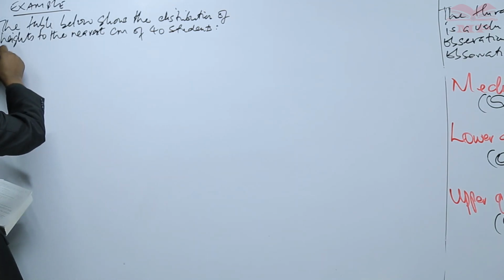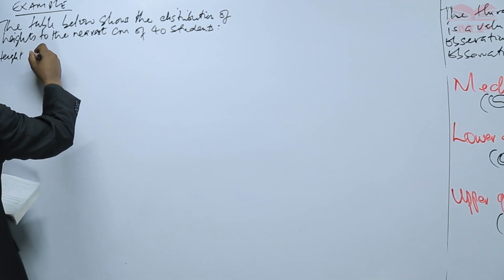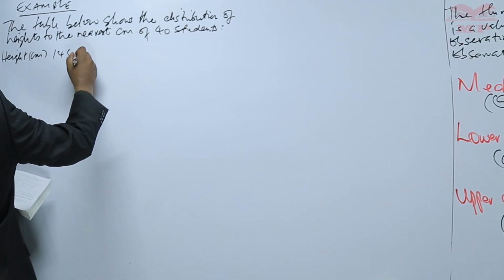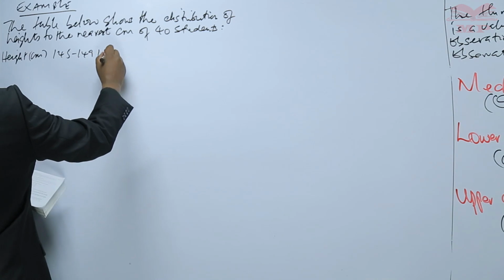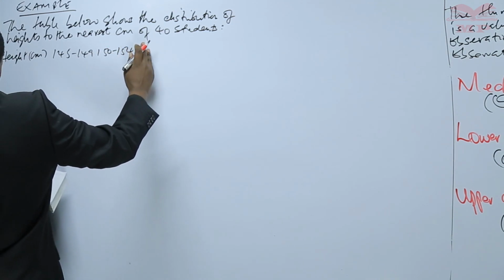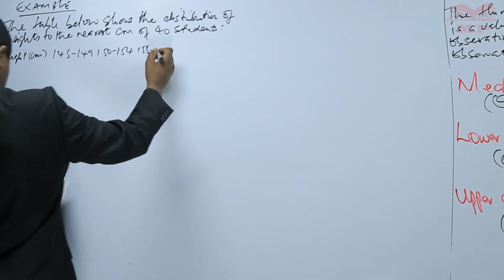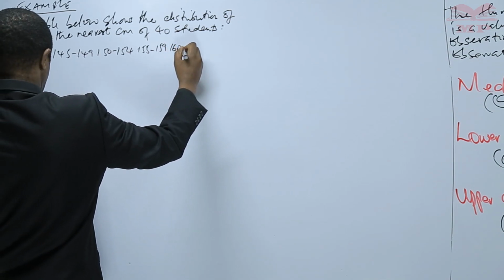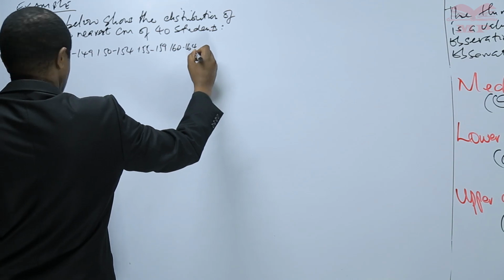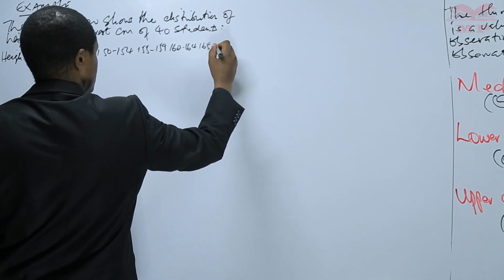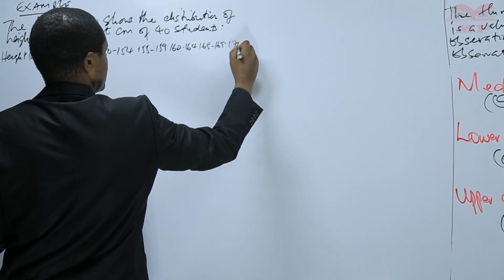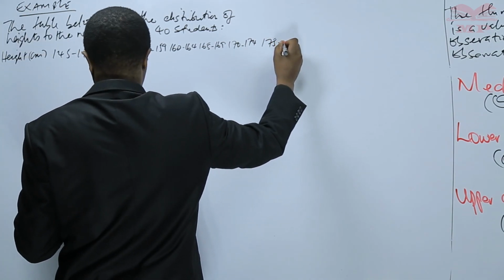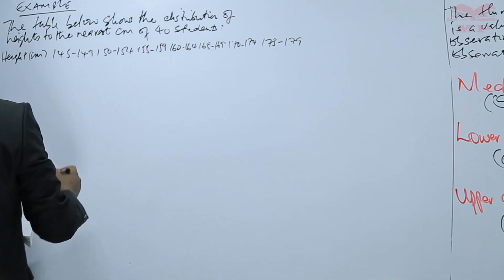So we have height in centimeters: 145 to 149, 150 to 154, 155 to 159, 160 to 164, 165 to 169, 170 to 174, 175 to 179. Then we have the frequency.